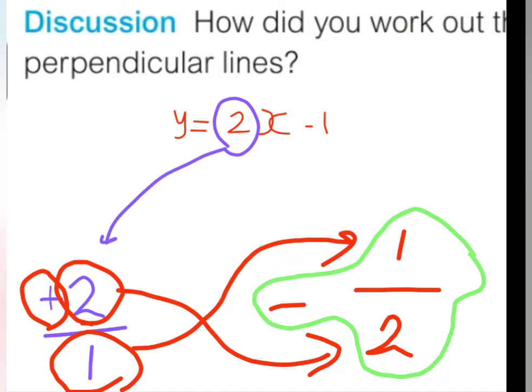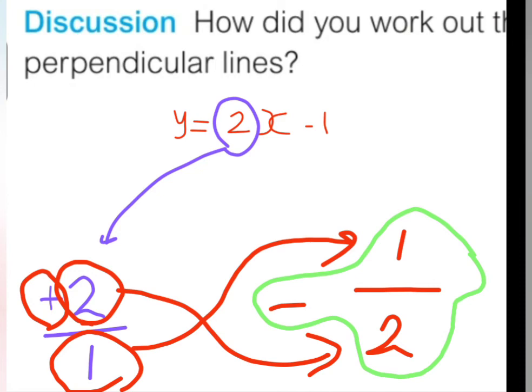Second step, if it's a whole number or a real number, I will write 1 underneath it, and then I'll take the one in the bottom and make it on top, and then take the one on top and make it on the bottom. In this way, I found the gradient of a line perpendicular to the old line. So the gradient will be -1/2.